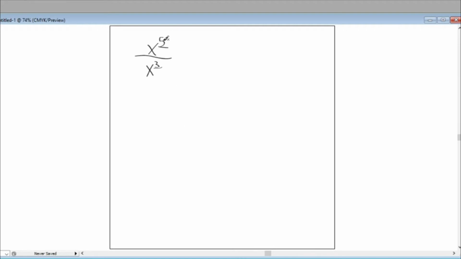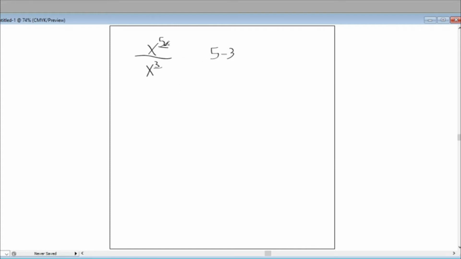So again, we look at our exponents. We say this is 5 and this is 3, and we're going to treat this division bar as subtraction. So we're going to say it's 5 minus 3. And let me just write that over here. 5 minus 3. You might wonder why I'm being so specific with this, getting really down to the nitty-gritty details, like why I'm writing this negative here.